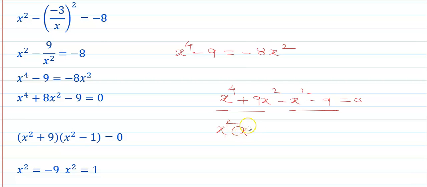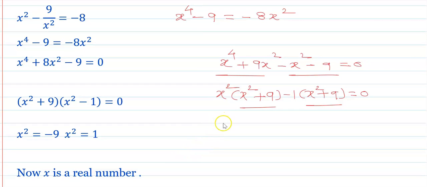Then in bracket you will get x square plus 9, minus 1 common, and in bracket you will get x square plus 9, and that's equals to 0. x square plus 9 in first bracket, and in second bracket x square minus 1, and that's equals to 0. Therefore x square plus 9 is equals to 0, and another is x square minus 1 is equals to 0.